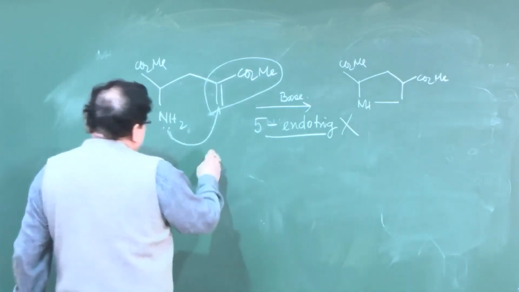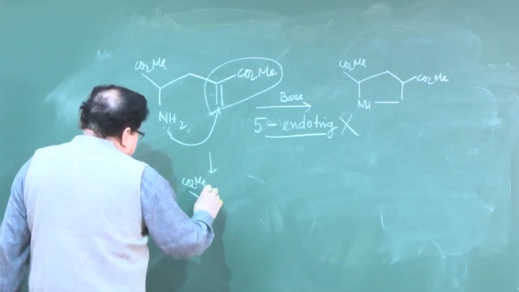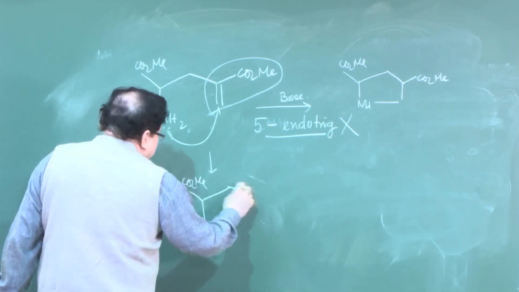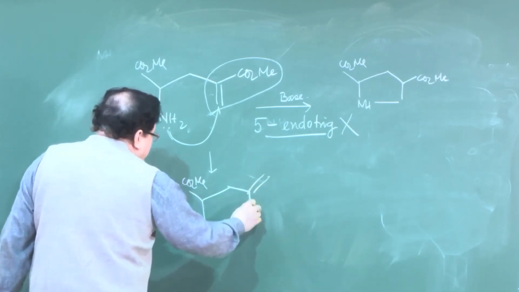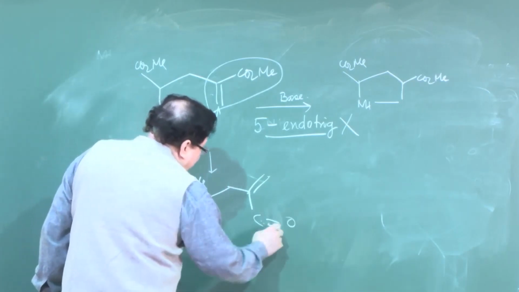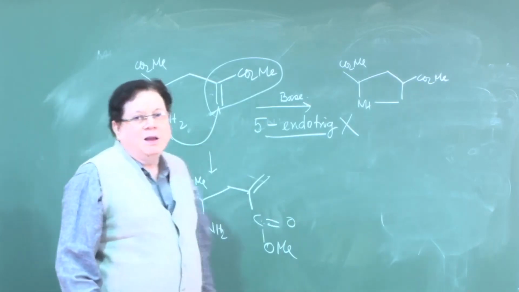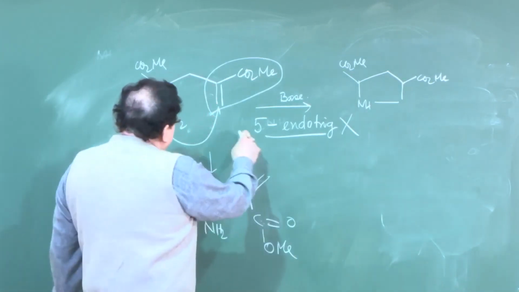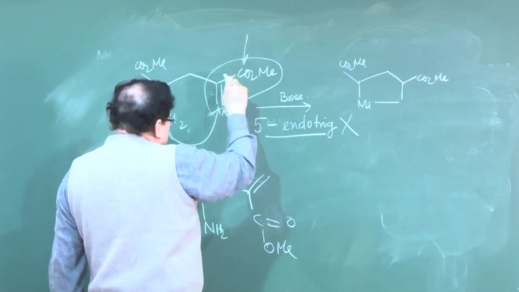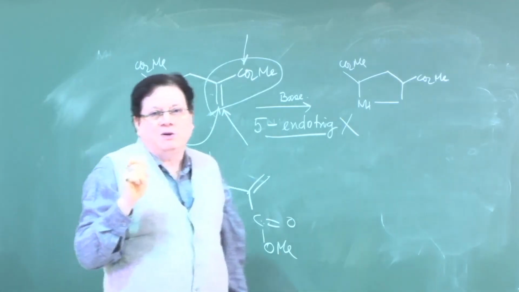The product actually is CO2Me, then NH2, and it is not adding to the double bond at all. It is actually attacking the ester functionality. That is the other way, because as I said, there are two sites of electrophilic attack, two electrophilic centers.